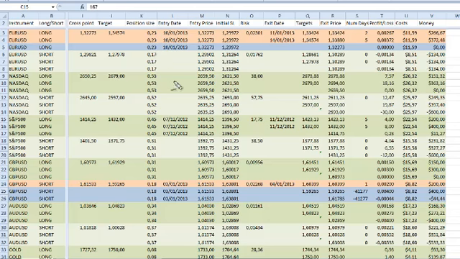The light green and dark green rows are for trades that we haven't entered, trades that have either closed out or that I'm considering entering, and the blue background rows are trades that are still open, so trading opportunities that we're in and the trades are still open. The orange background rows are trades that are part of a trading opportunity that we're still involved in, so we still have an open trade, but the actual trade itself has been closed.